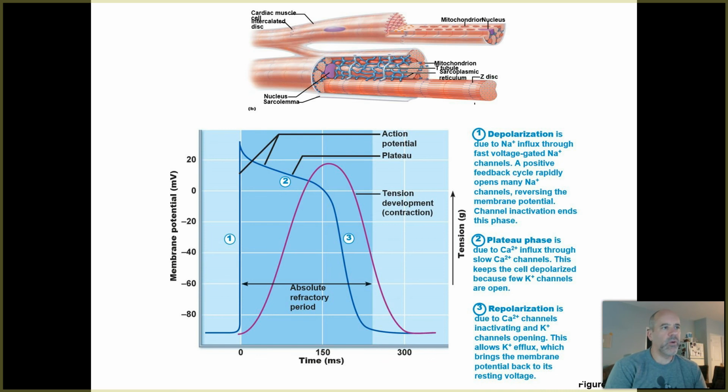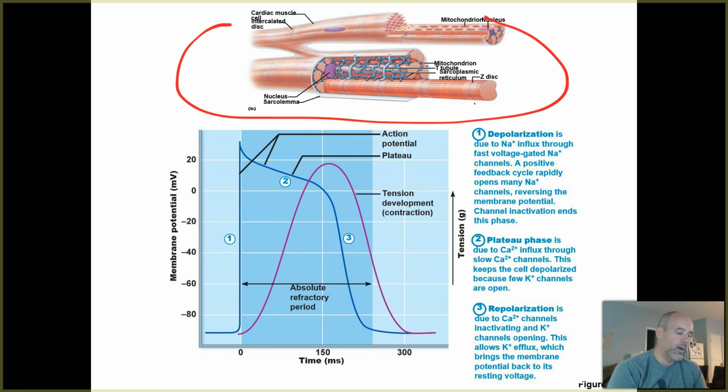All right, what this is showing you, this is a diagram from your textbook, and the blue line over here is showing you the electrical changes around the surfaces of cardiac muscle cells, like you see up here. These are the electrical changes. So these cells start out below -80 in terms of their voltage. So that's a little bit lower than what you have with your skeletal muscle fibers.